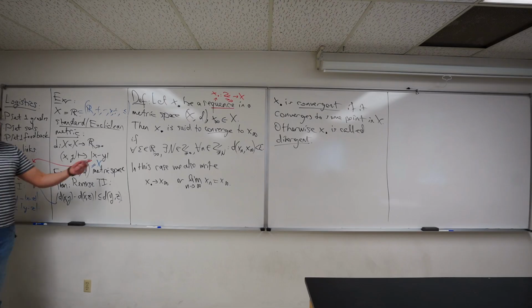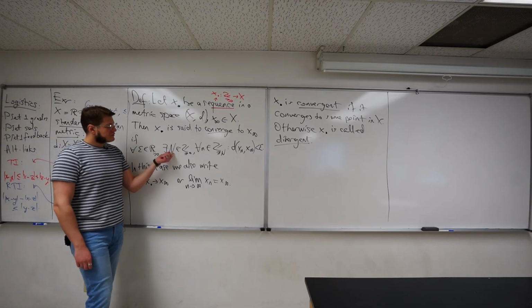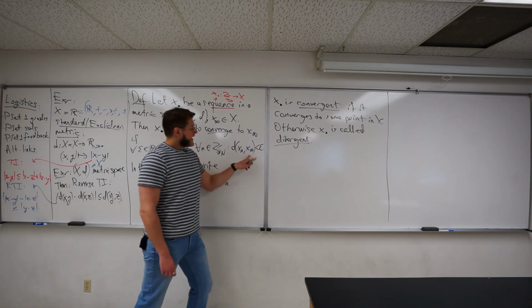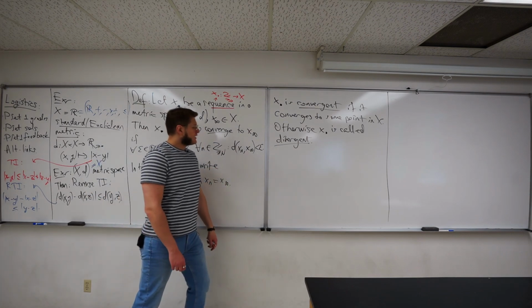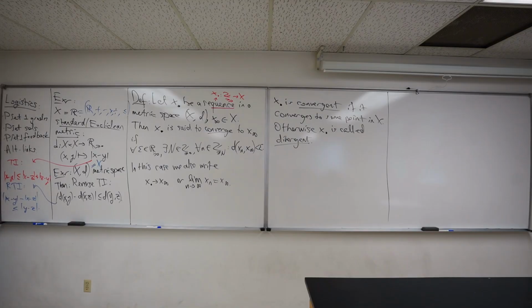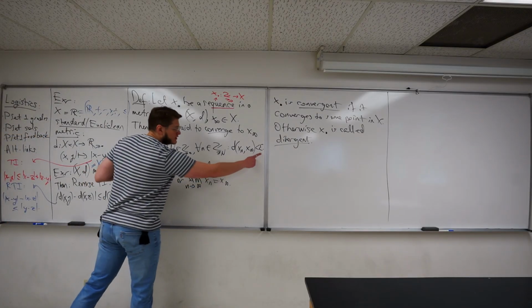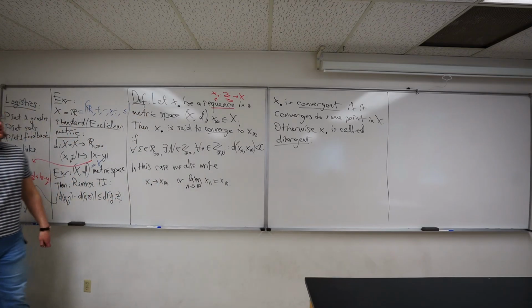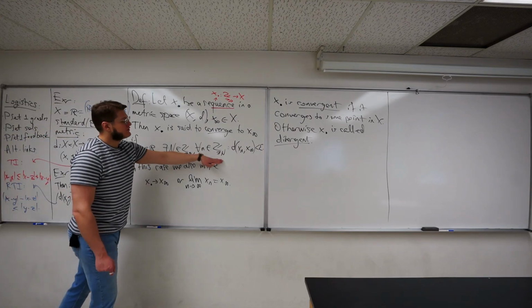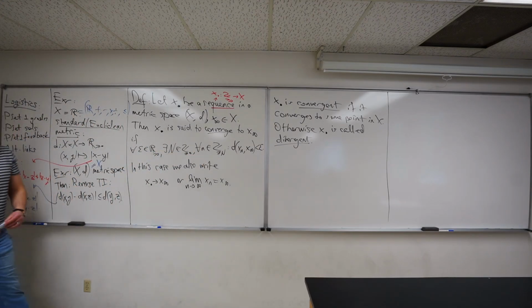For any epsilon, there is an n integer such that after this n, the distance between xn and x infinity is less than epsilon. In a second, I'm going to give some heuristic as to why this seems to capture the notion of convergence.